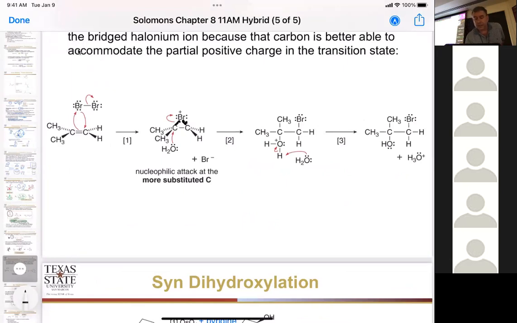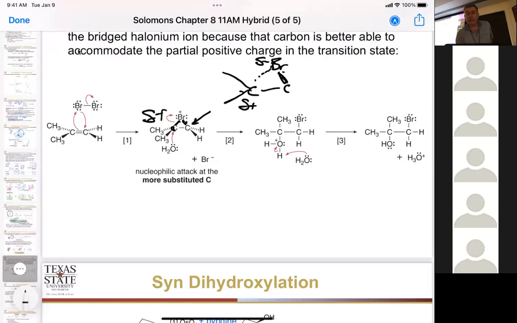it turns out that this carbon right here is going to be more electropositive than this carbon, because it's trying to pull that bond. It's an elongated bond. This bond is a little bit longer because it's more bonded to this one, giving this partially positive side, this a partially negative side.